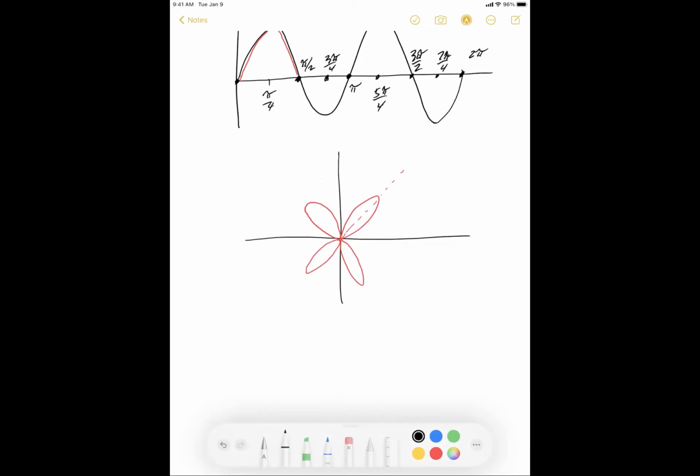So then, to find the area, I'm just going to find the area inside one leaf, and that's all we want, one leaf or one loop. So the area is going to be 1/2 integral from 0 to pi over 2 of 9 sine squared 2 theta d theta.